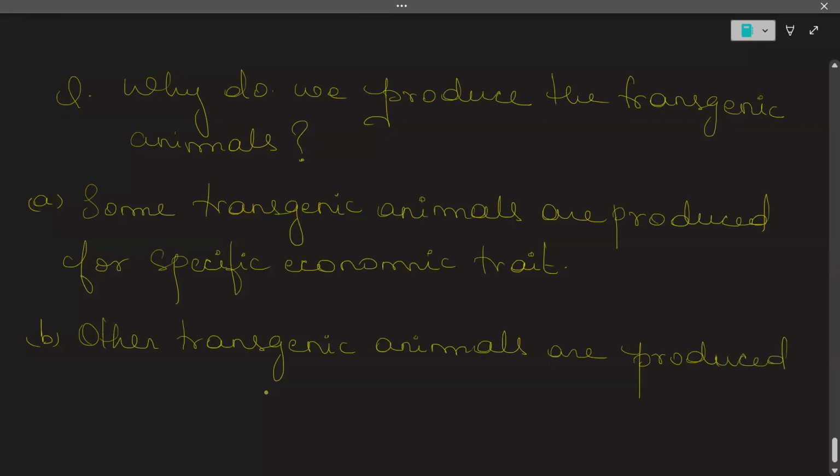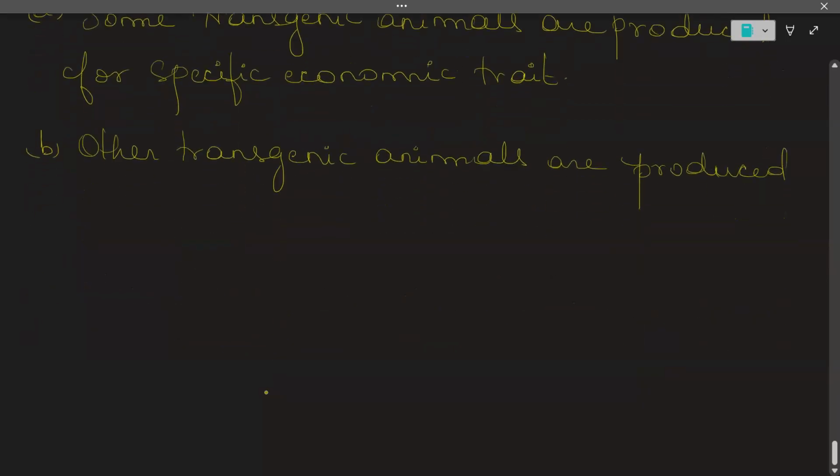Meaning, for example, if there is a scientist studying a particular disease, he or she can see how the disease works, and which drug would affect it and which would not. So they are produced as disease models, meaning we test our drugs on these animals. So that is another reason why they are produced.